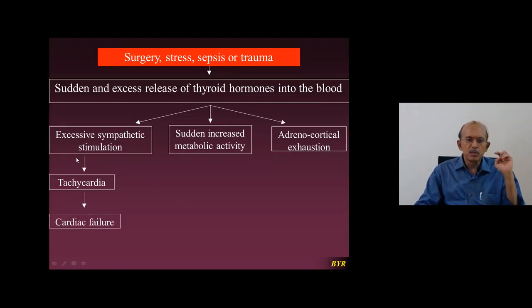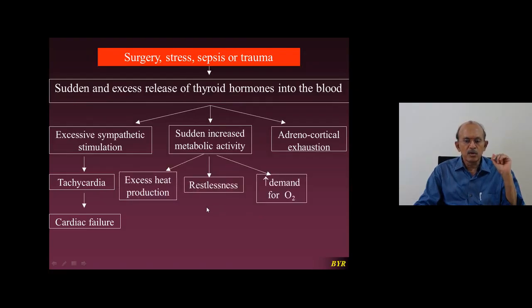So excessive sympathetic stimulation can lead to tachycardia. Tachycardia leads to cardiac failure. Increased metabolic activity will produce restlessness, excess heat production, and increased demand for oxygen. This excess heat production causes hyperpyrexia and dehydration.